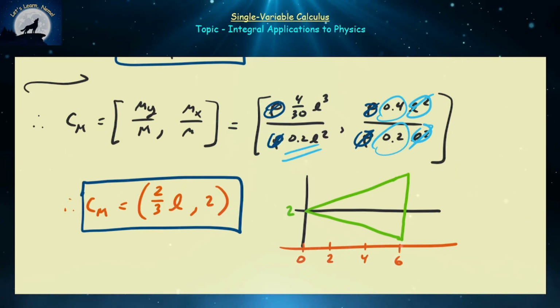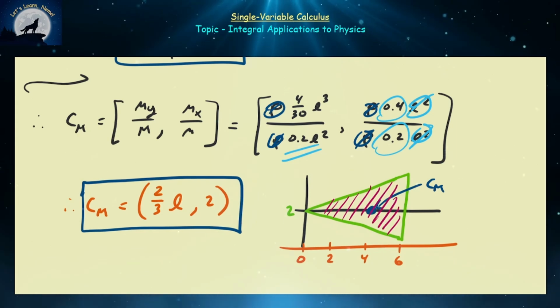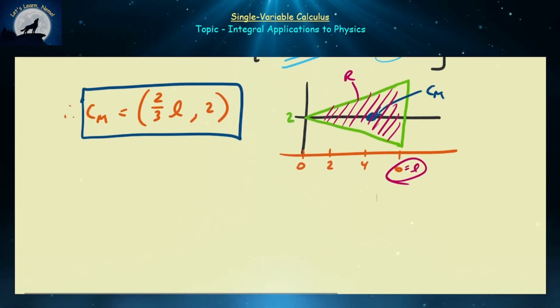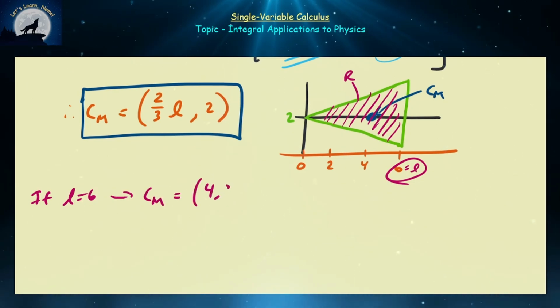So the center of mass is actually located right there. So there's our center of mass for this region shaded here. Right? So here I'm choosing L to be equal to 6 in case you haven't figured that out. So therefore, if L is equal to 6, then our center of mass will be equal to (4, 2).